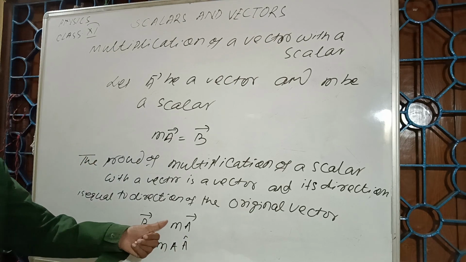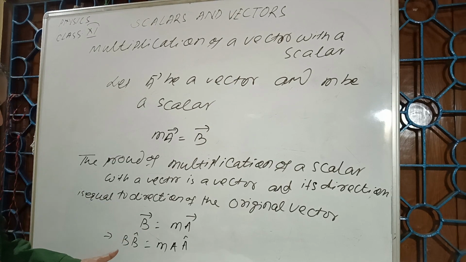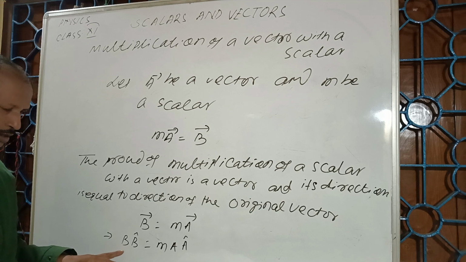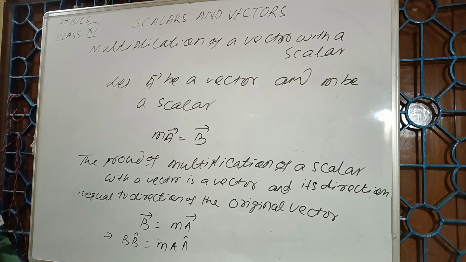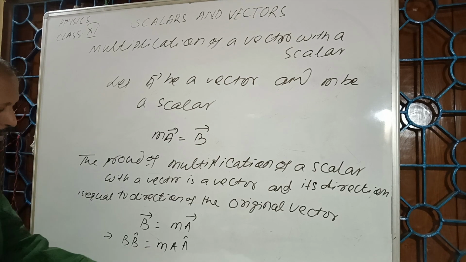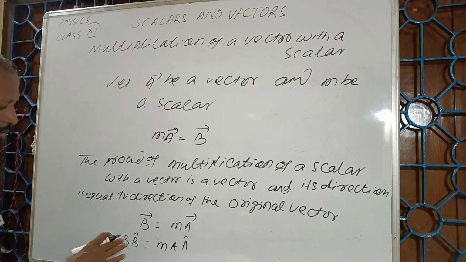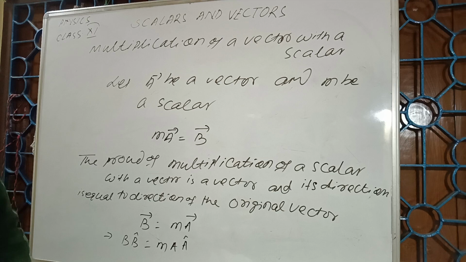That means I have split the vector in the form of product of a scalar and its direction. In this case, M is a scalar. What is its value? It may be positive, it may be negative, it may be 0. Three conditions are there. The three conditions I am explaining here.